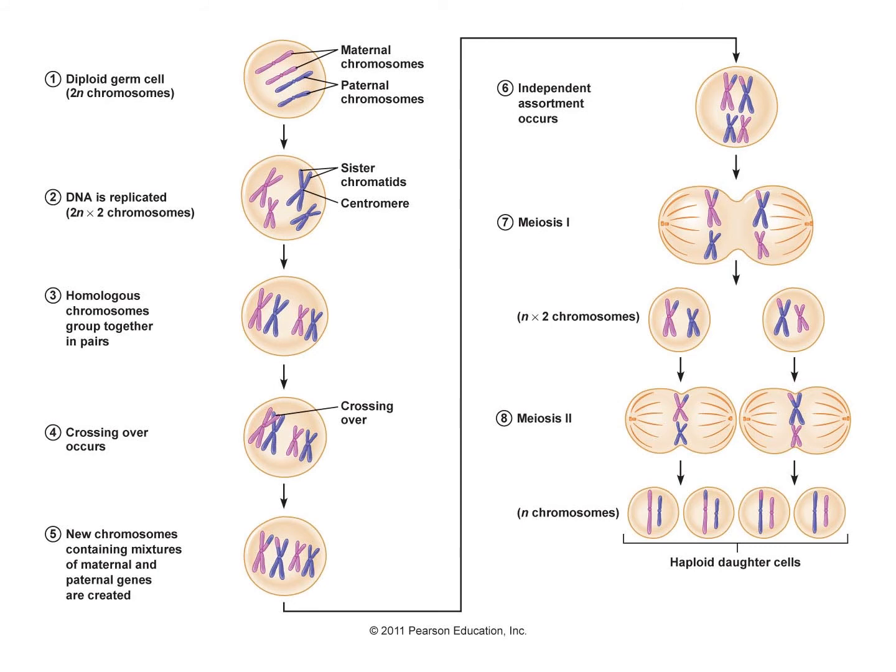What you want to get out of here is just understanding the process of meiosis. What happens during meiosis is, number one, the cells double in size, 2 times, because DNA replication occurs and then you have multiple copies. I wouldn't bother too much about the process of crossing over.